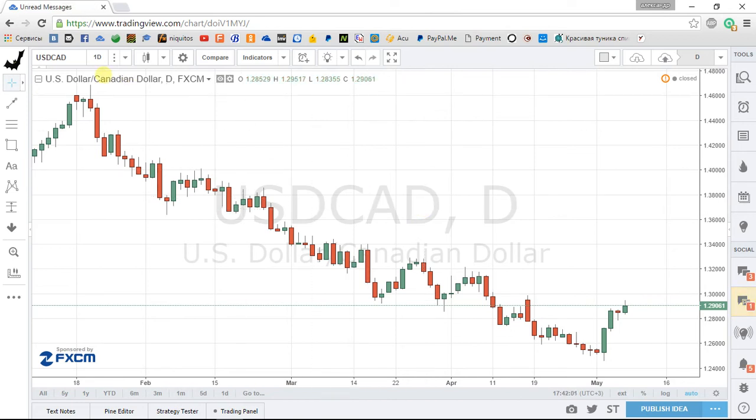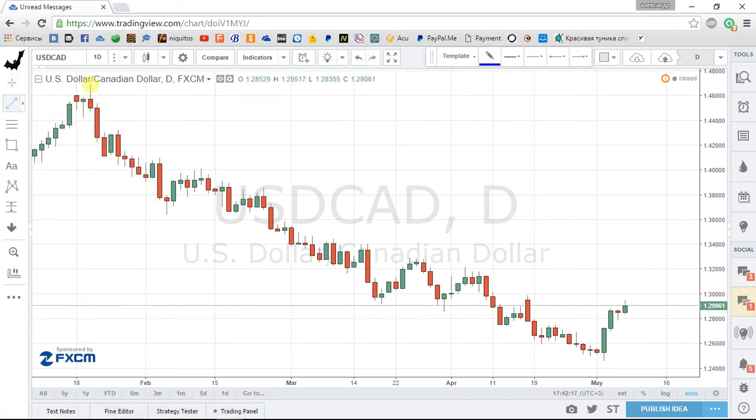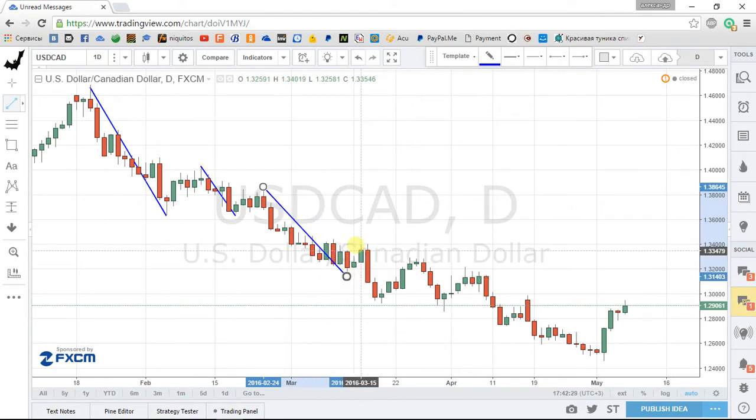Okay, this is the downtrend. As I told you, downtrend is a series of lower lows and lower highs, followed again and again and again. Let us draw some lines. First, let me draw it the way I draw it. Boom. This is the first line. Boom. This is the second. Boom. This is the third.